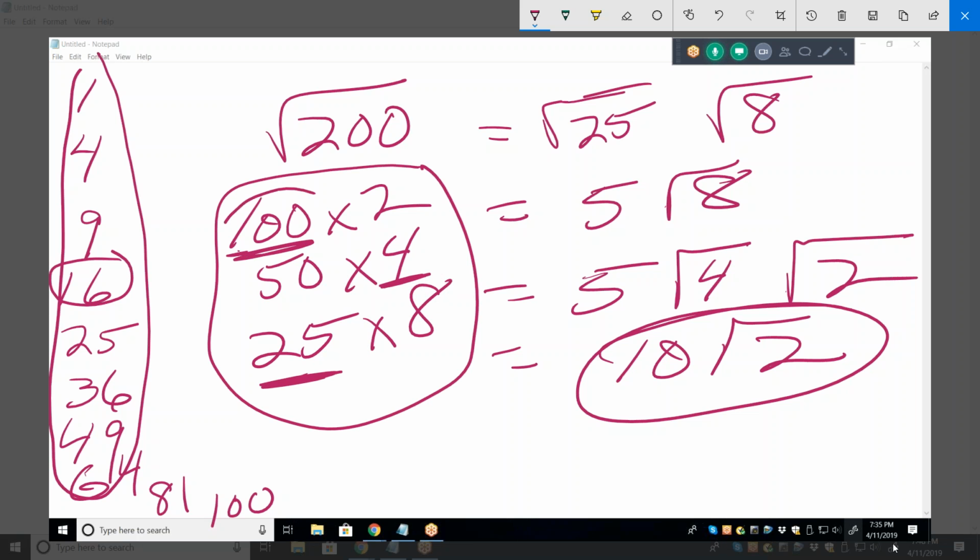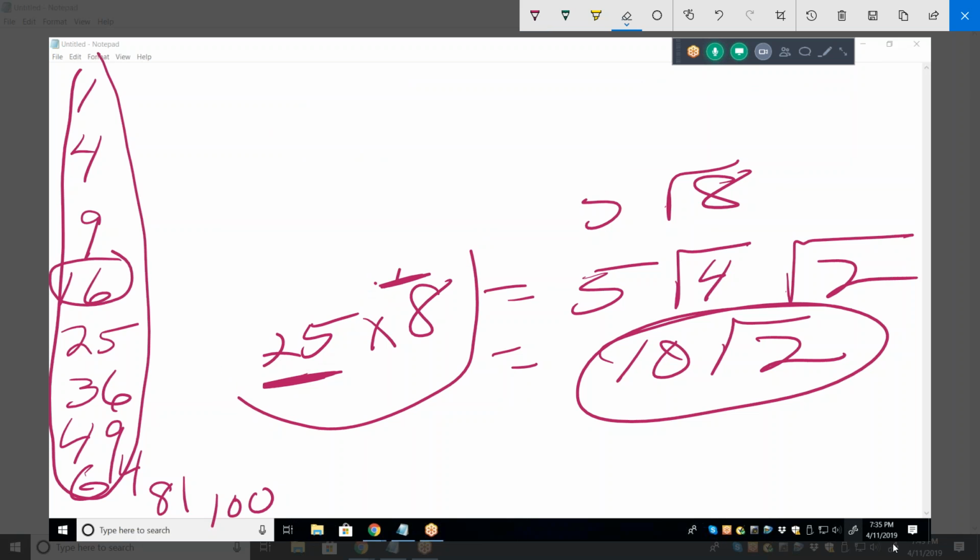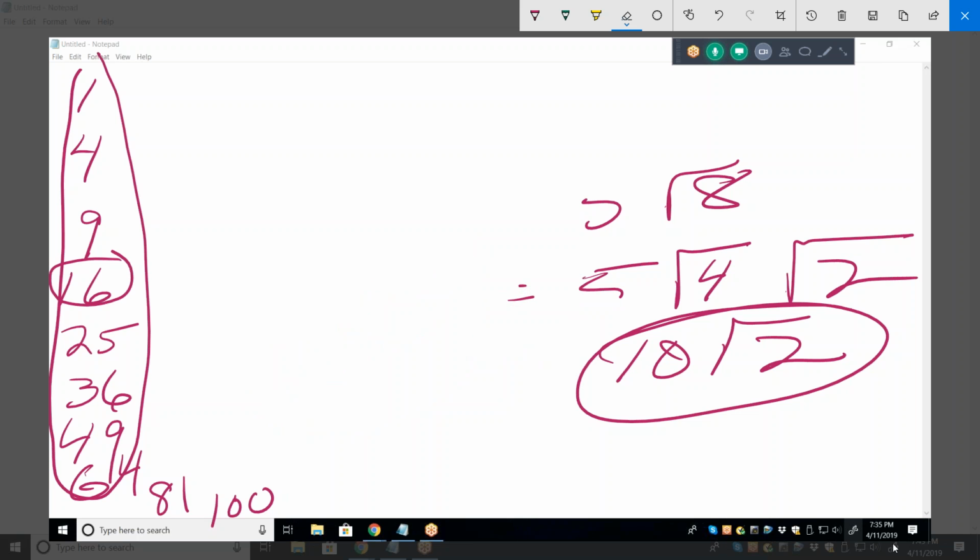You want to find the biggest one, but it is not vital that you find the biggest one. If you find the second biggest one, you'll still get the correct answer. It'll just take you a couple more steps. So that's the secret. That's all there is to it. I can give you any one now, and I would expect you to be able to get it. Let me give you some. And that's it. When you get to that class, you're going to know exactly how to do it.